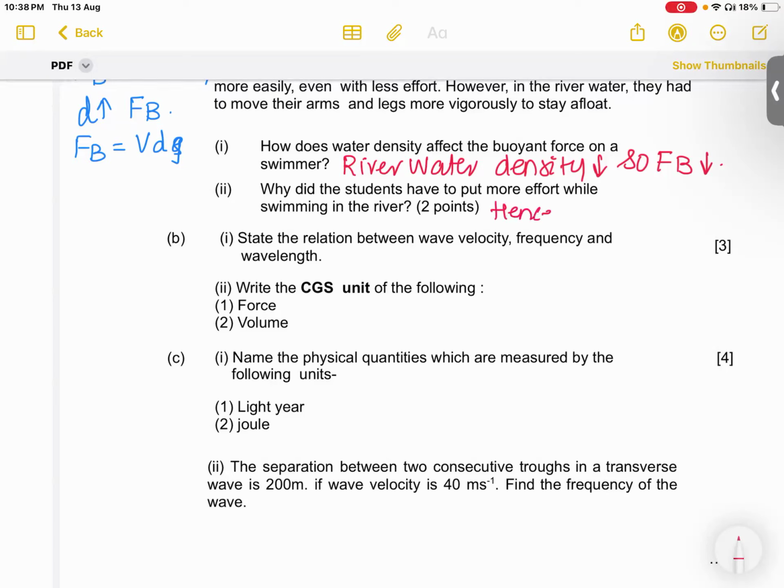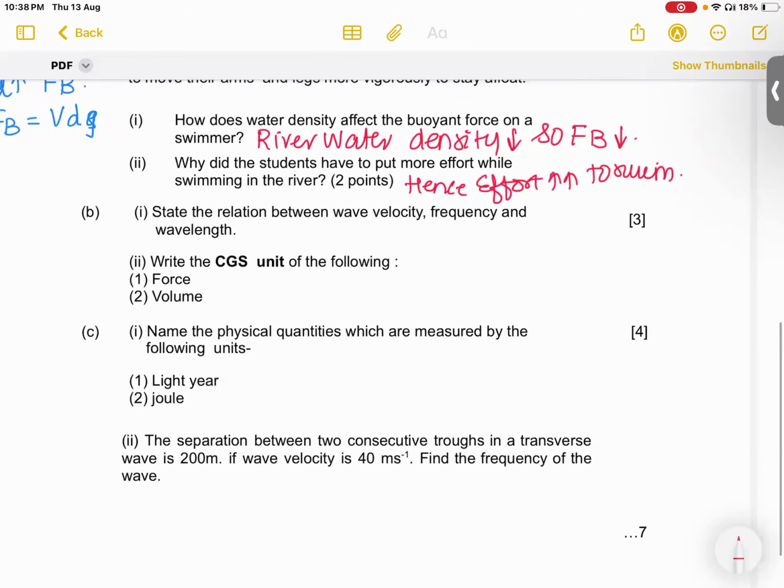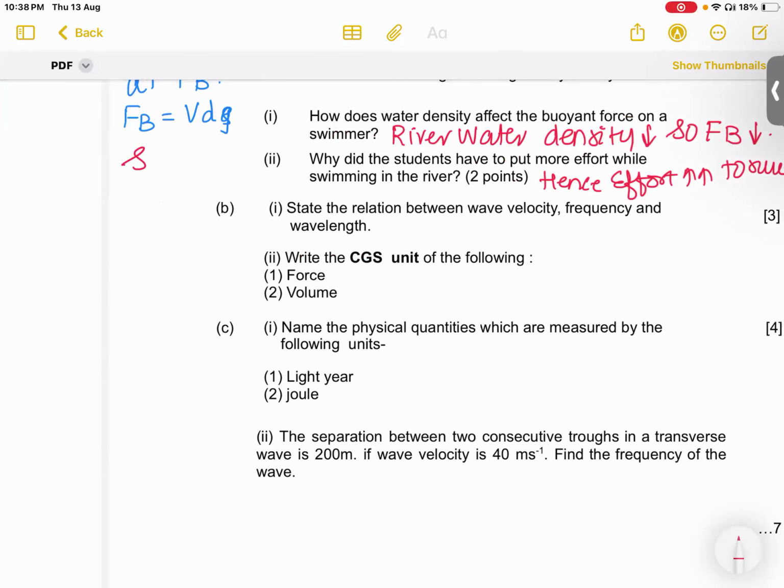Hence, he needs to put more effort to swim in the water. Whereas in seawater, density is more, so FB will be more, hence he will float easily.